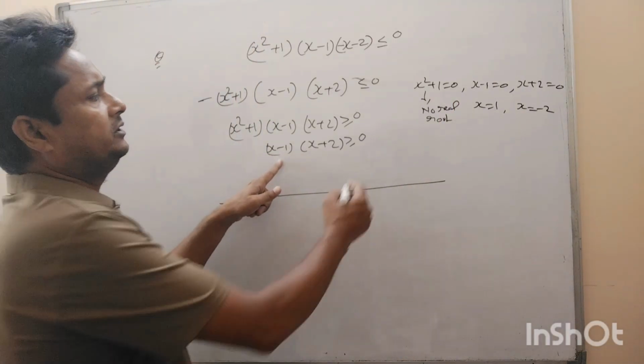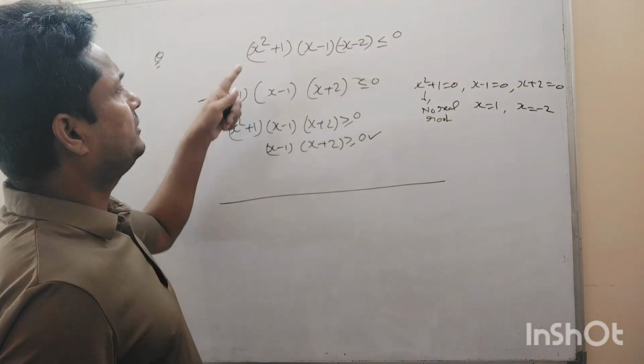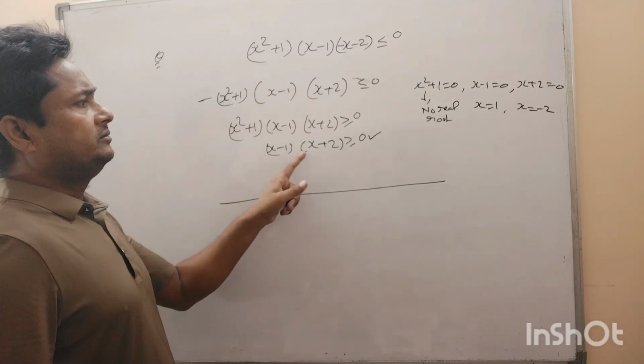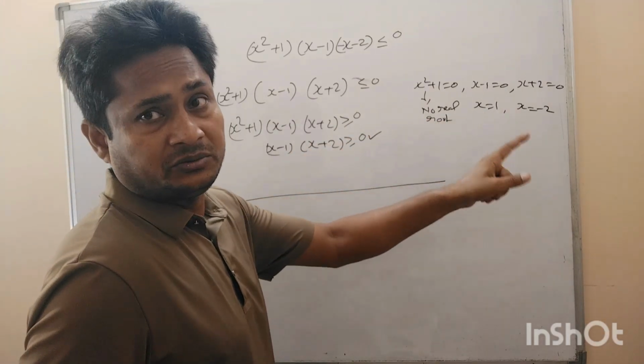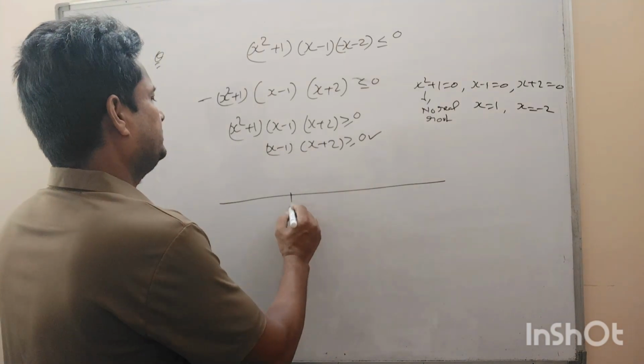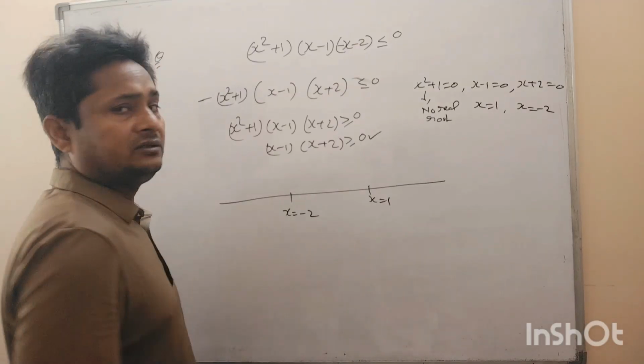So the answer for this one will be the same for this inequality. Finally, mark the roots on the number line in increasing order. So x equals minus 2 and x equals 1, these are the roots.